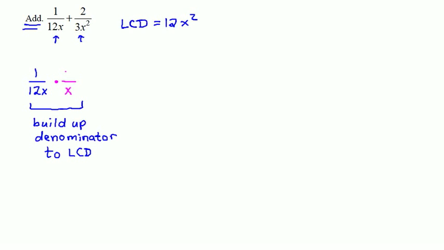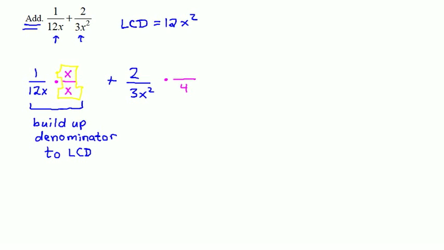I'm only allowed to do that if I also multiply the numerator by another factor of x. So that in effect, what I'm really multiplying by here is a ratio equal to 1. Now I'll do the same thing with my second rational term, 2 over 3x squared. I also want this to have 12x squared in the denominator, and in this case I can see that what I'm really missing is a factor of 4.